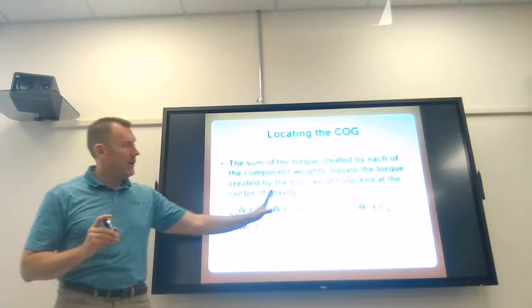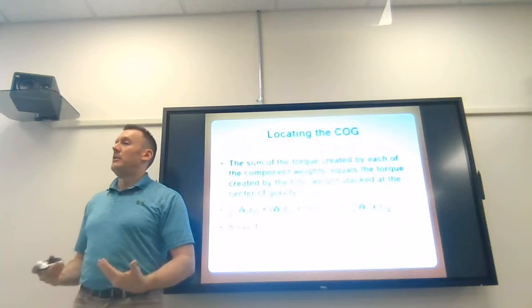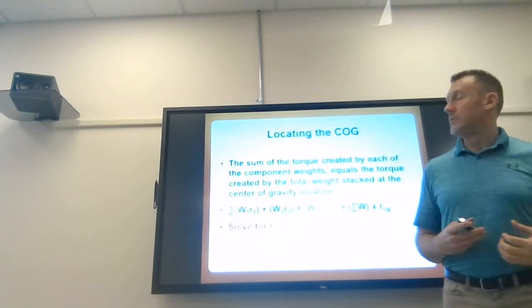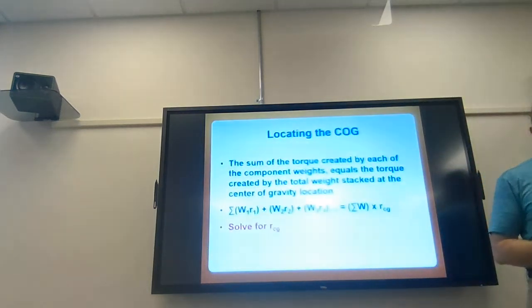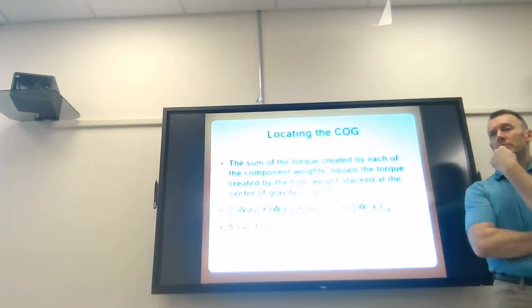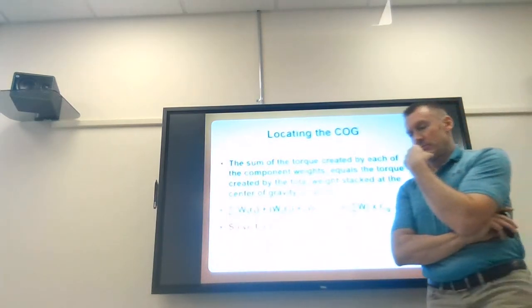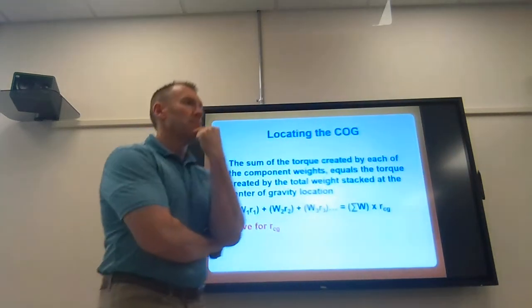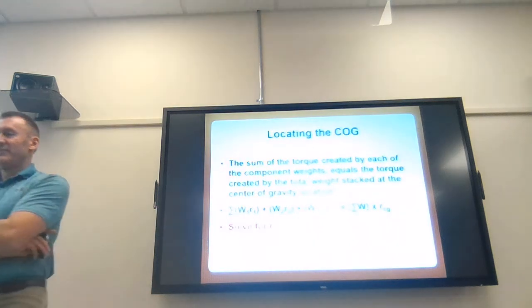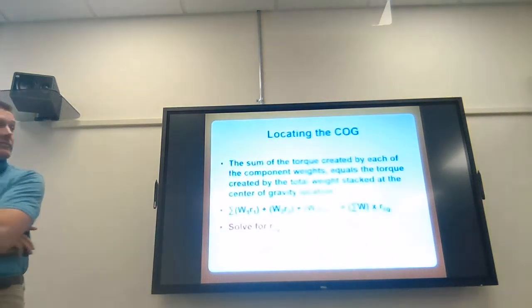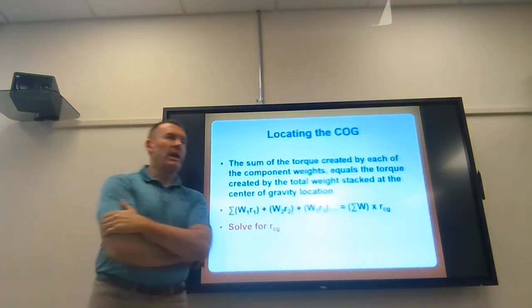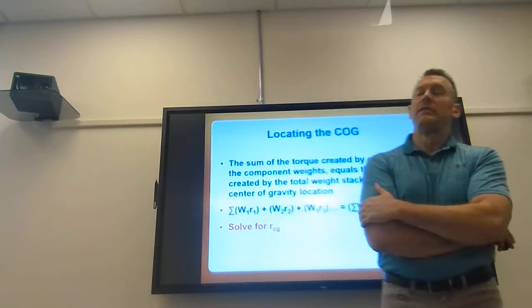And so you're going to put all those together to get the sum of those individual torques. Divide the sum of the torques by the sum of the weight, and you get the center of gravity.